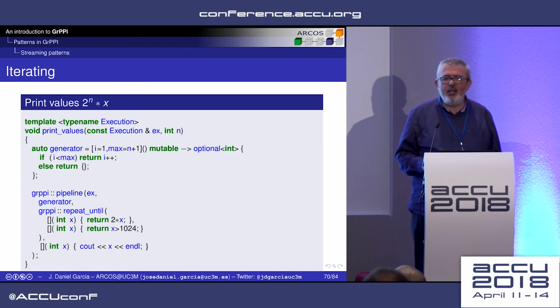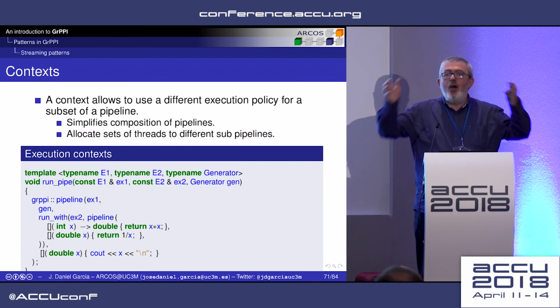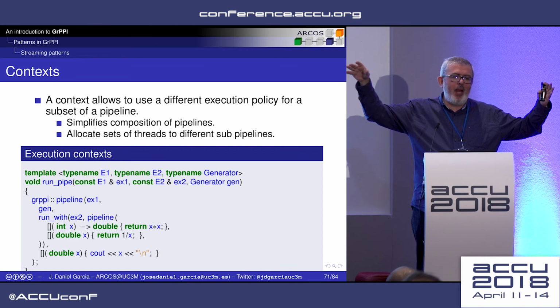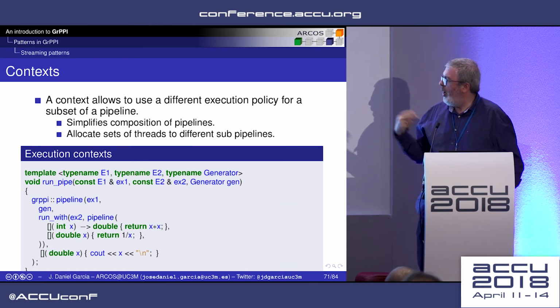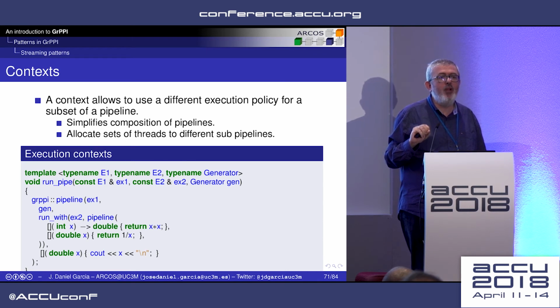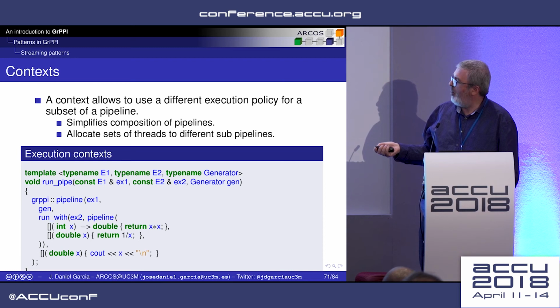The idea here is that sometimes you have a long pipeline and you don't want to use the same execution policy all the time for the whole pipeline. Whenever you want a subset of the pipeline to run with a different execution policy, you just say run with and give the new execution policy.